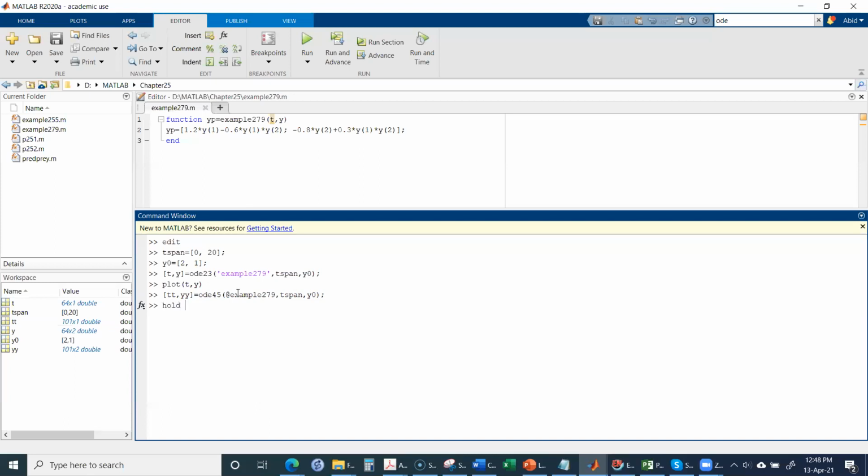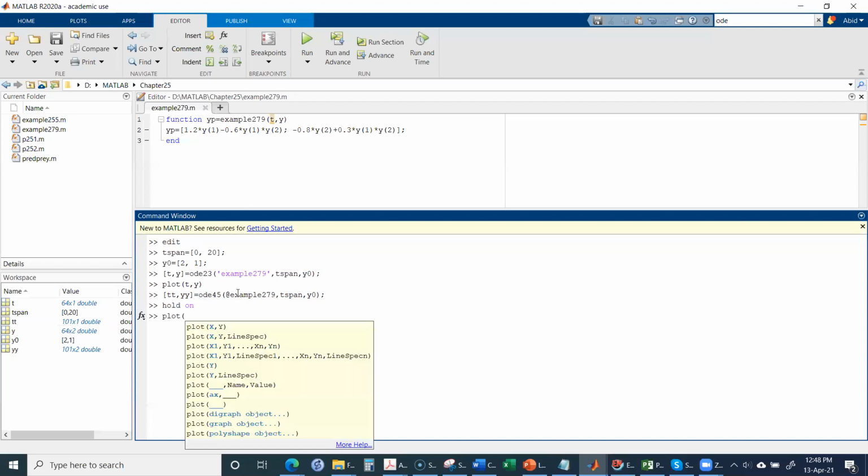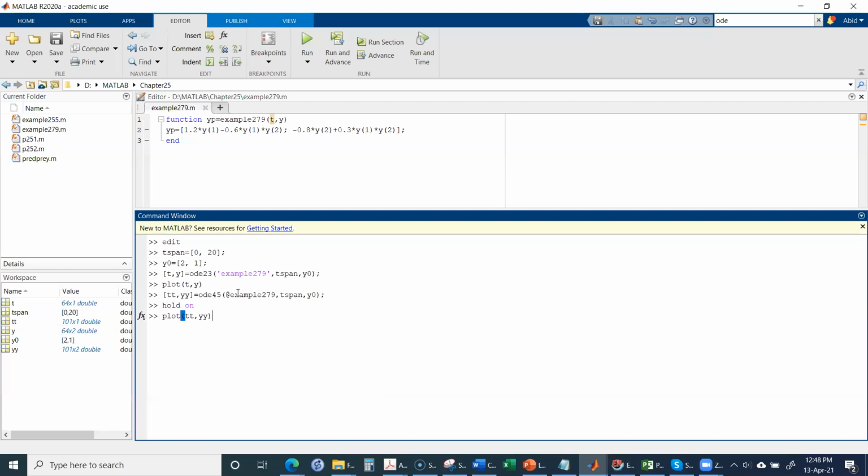Now I plot TT against YY, maybe with black circles, and then let's plot it. So let me see the graph.